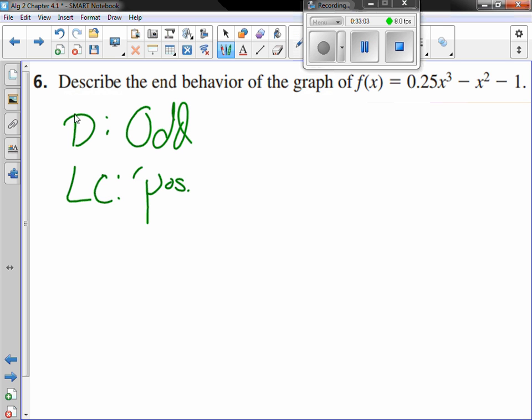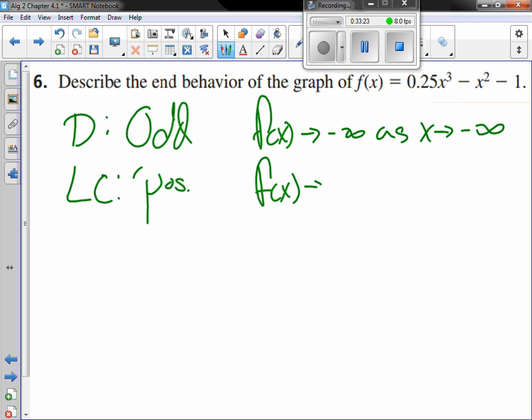It's 0.25, positive 0.25. So I look at my chart and see odd and positive. So odd and positive would tell me that f of x approaches negative infinity as x approaches negative infinity, and f of x approaches positive infinity as x approaches positive infinity. And that's all we have to do for these here. That is it.